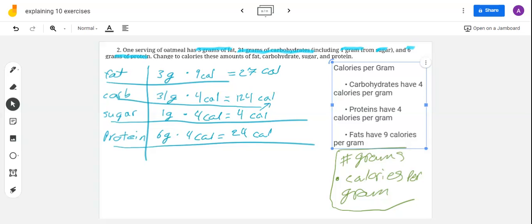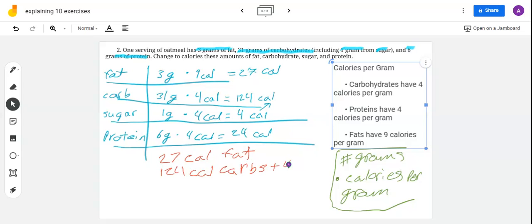So in other words, you would have, going back to red because red is awesome, 27 calories of fat, 124 calories of carbs, plus the 4 calories of sugar.